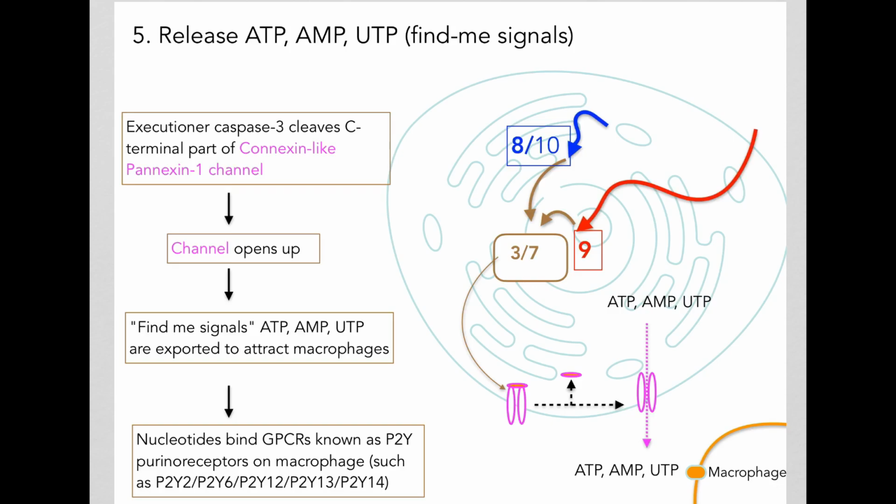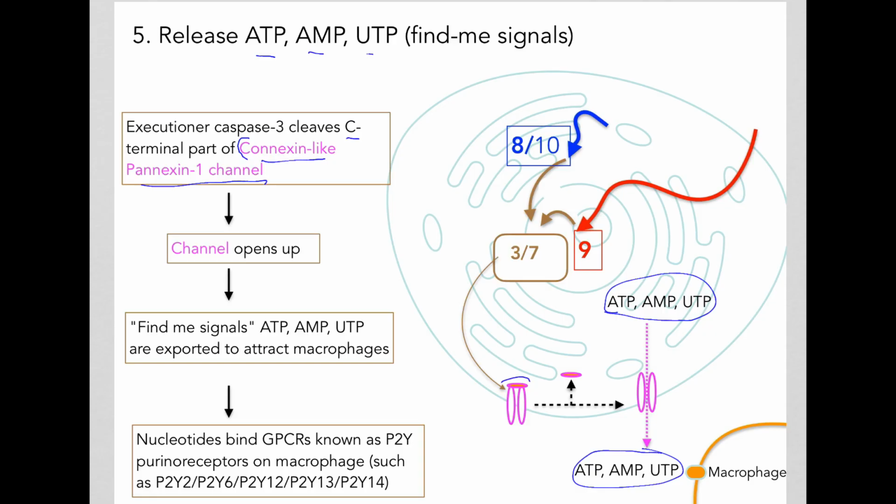There are other find-me signals, for example ATP, AMP, and UTP. So the dying cell will release these find-me signals. And how is that done? Executioner caspases cleave the C-terminal part of a connexin-like protein, the pannexin 1 channel.